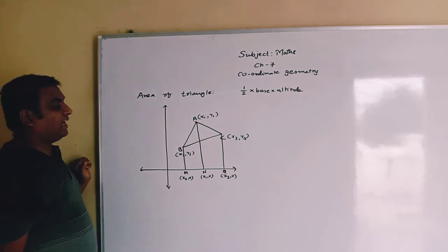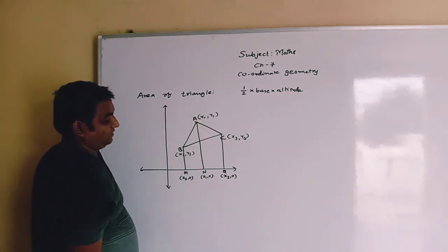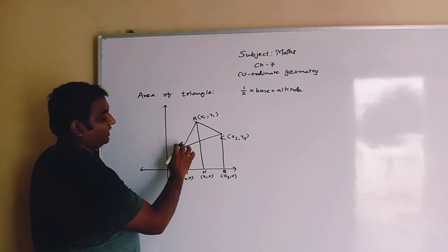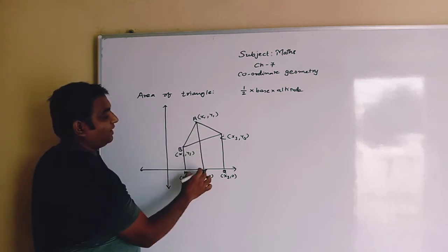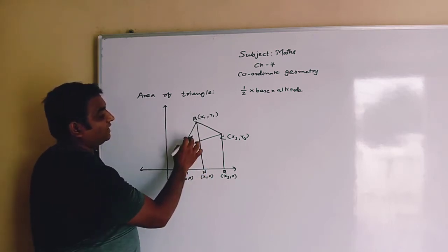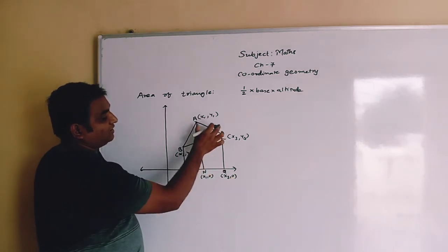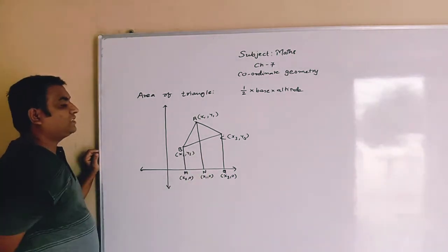So we can see triangle ABC. Now BM and AN are parallel lines, so that is one trapezium. AN and QC are parallel lines, so that is another trapezium.